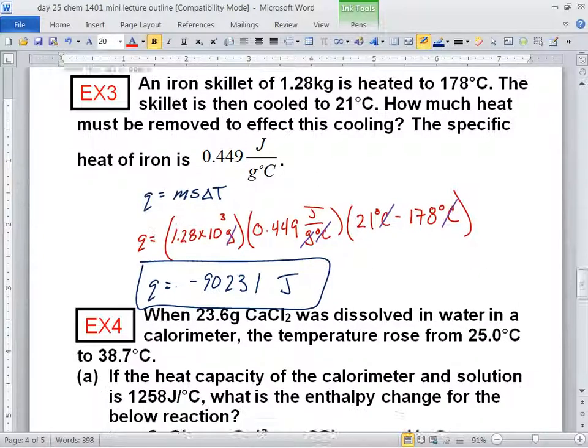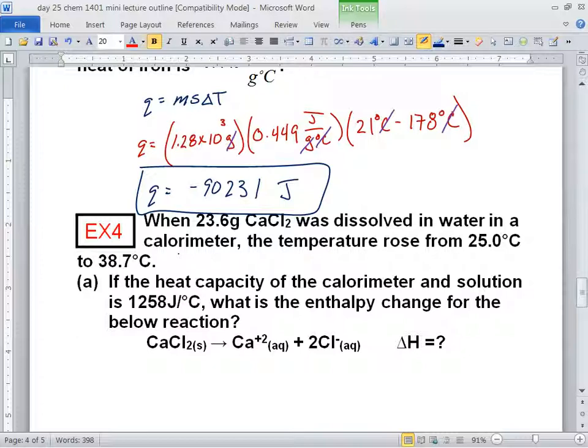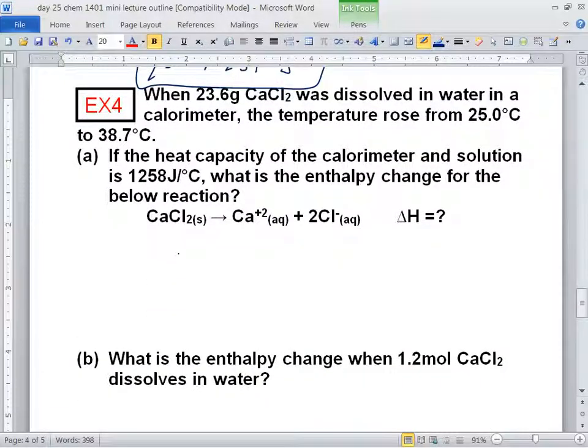Good. I think 4 is a good one. 4 is about as hard as it gets. You can do 4, you're in good shape. Negative 90,231.